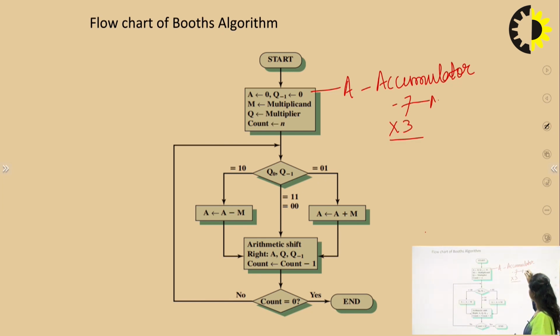So this will be your M. The multiplier, that is 3, is represented by Q. And then the count. Count means the number of steps we are going to perform for solving a problem. That will be N. And here, N will be equal to the number of bits Q or M has.